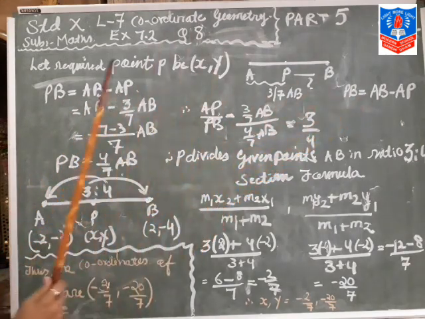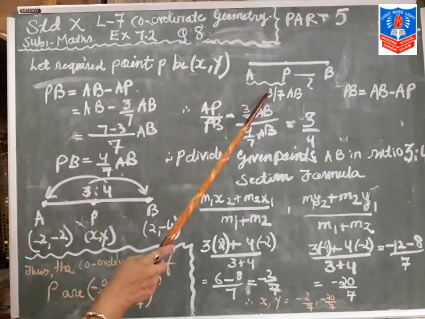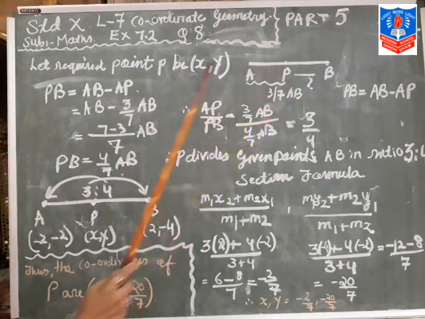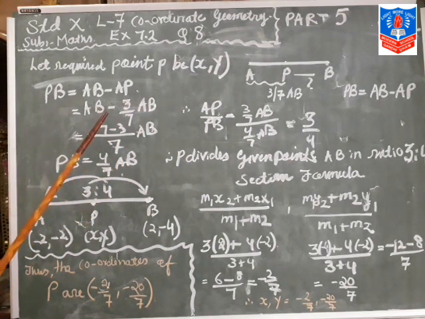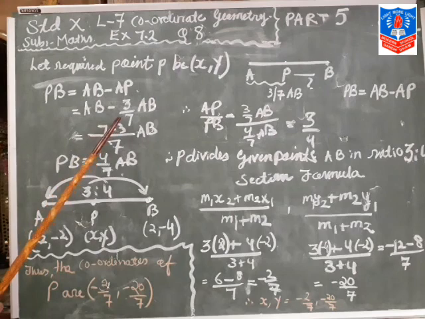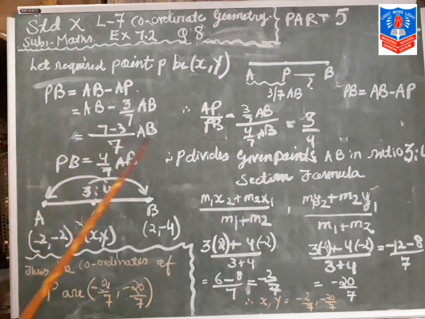Now PB equals AB minus AP. Clear? Now AB is the same, minus AP, given 3/7 AB. Now find the LCM. Here it is 1 and 7. So now 7 AB minus 3 AB, so 7 minus 3, that is 4/7 AB. Clear? So PB is 4/7 AB.